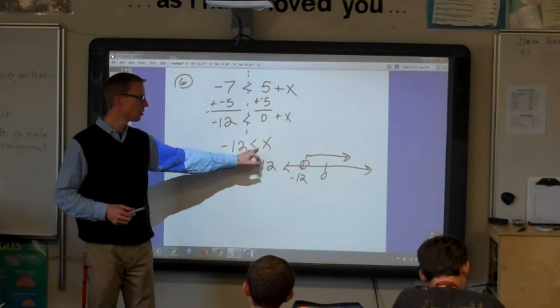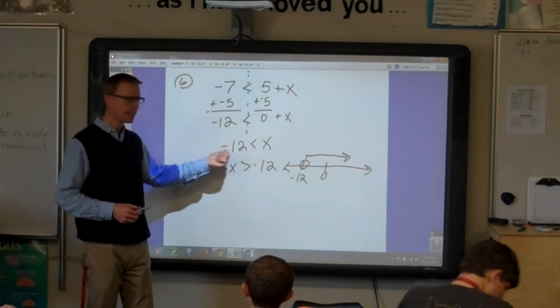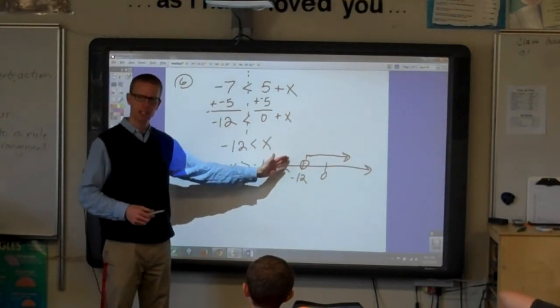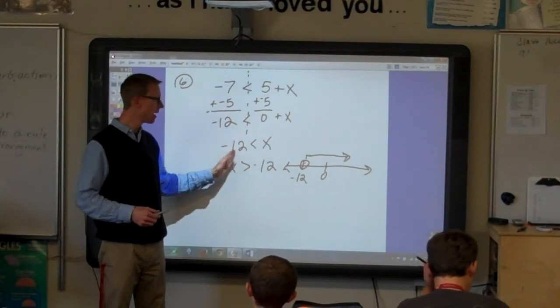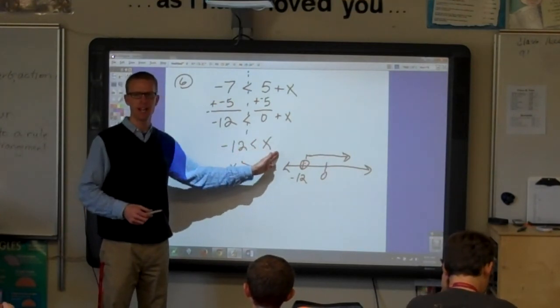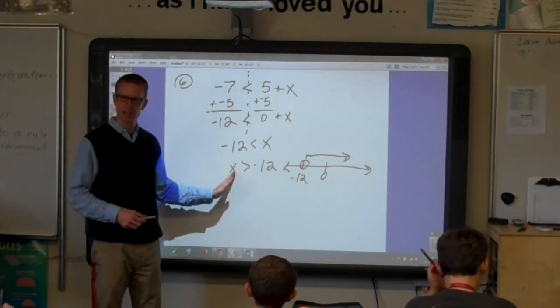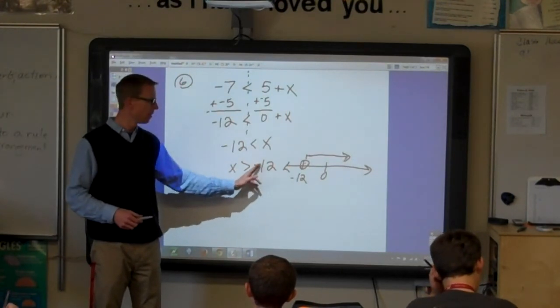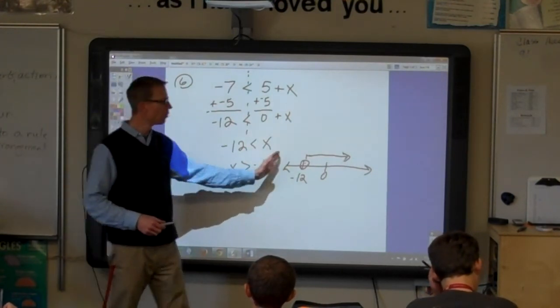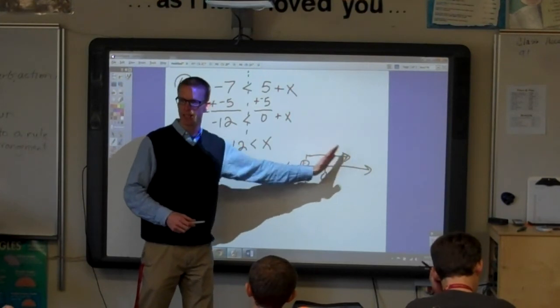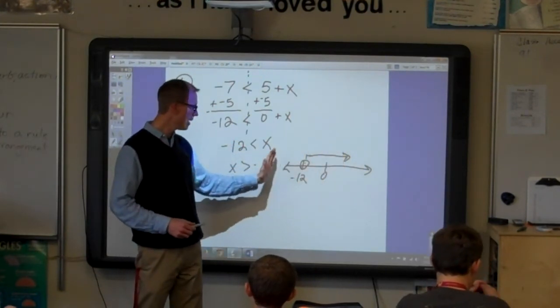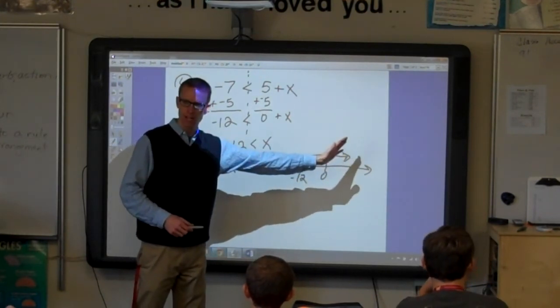The arrow is pointed to the left, isn't it? But that's telling about negative 12. That's not telling about x. This says negative 12 is less than x. We want to know what x is. x is greater than negative 12. Because when we graph this, we're going to graph what x is. x could be any numbers to the right of negative 12.